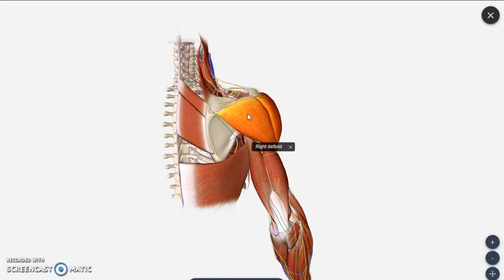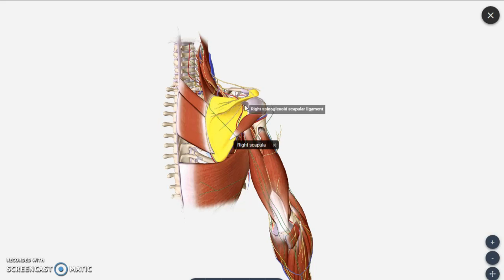So once you remove this deltoid muscle also, you can see the bone clearly. This is the posterior aspect of the scapula, with a process you can see, that is the spinous process. So the posterior surface of scapula carries a process called spinous process, which ends up in another process called acromion process.